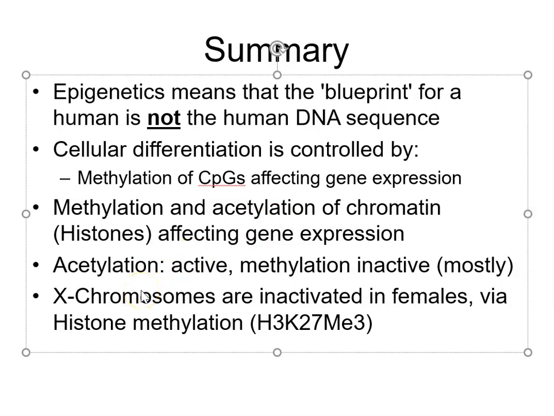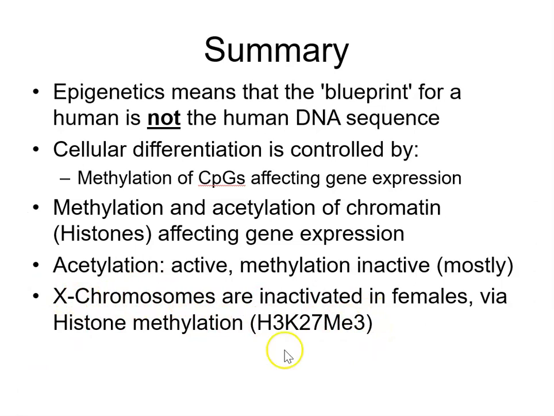The main changes that we will see are: histone H3 lysine 27 trimethylation is a strong silencing tag, particularly involving X chromosome inactivation. Histone H3K9 trimethylation is also silencing, whereas histone H3K9 acetylation is activating and creates looser chromatin, and that looser chromatin allows access of transcription factors, and then that chromatin is much more likely to be transcribed.